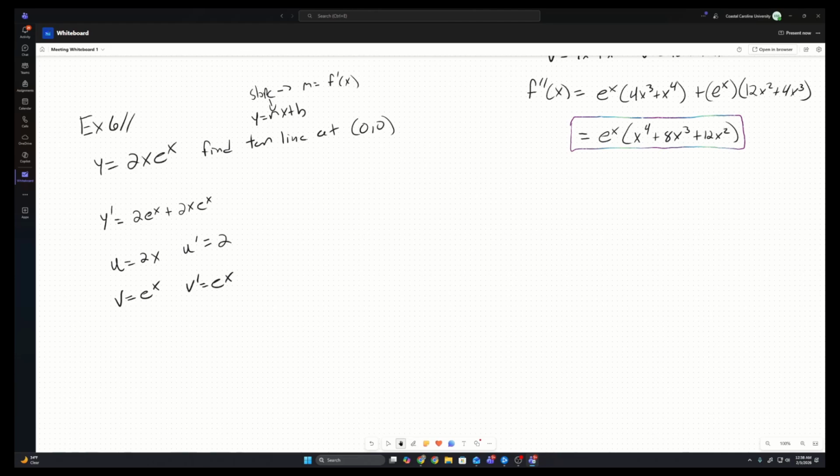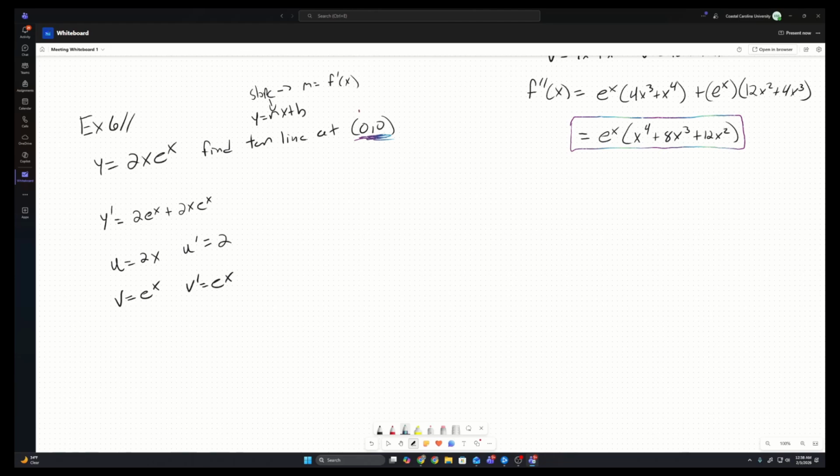Now, this equation itself is fine, but we don't care about the equation exactly. We only care about this equation at one particular point. So we have to make sure we use this point with this y prime.